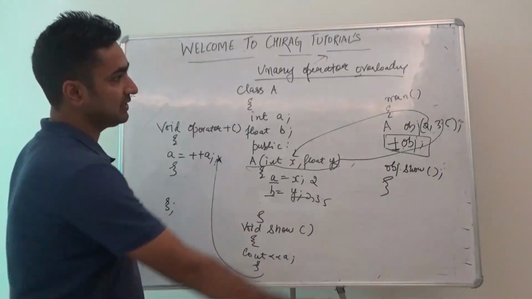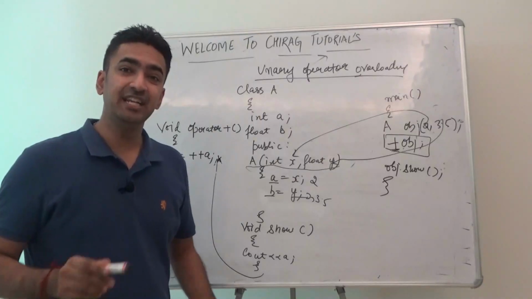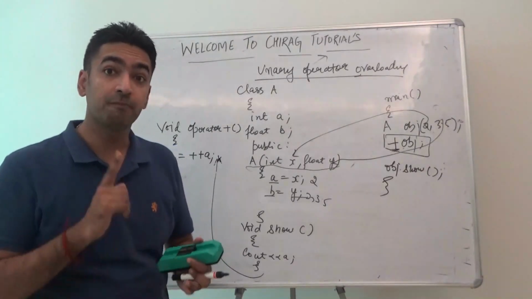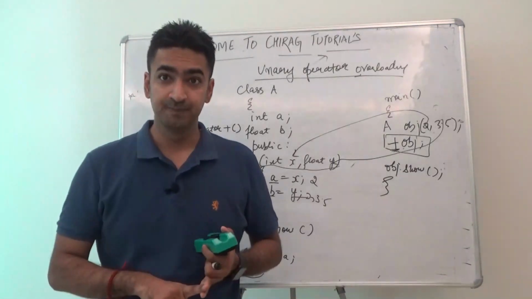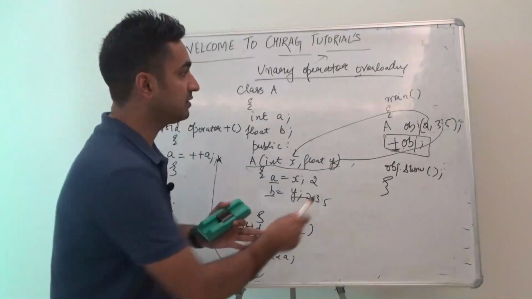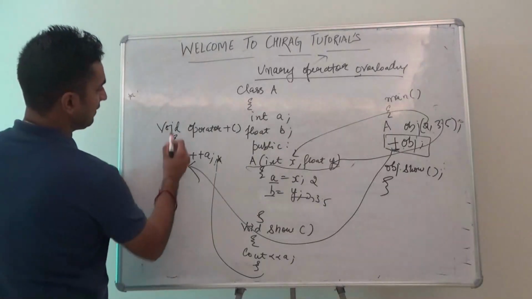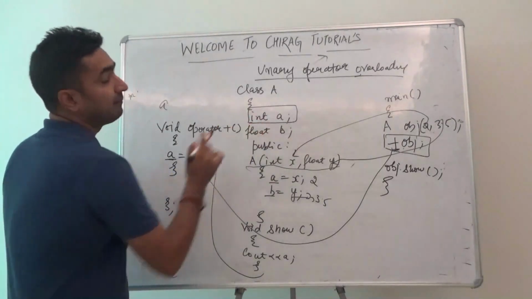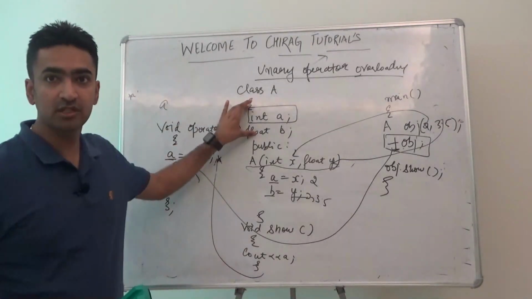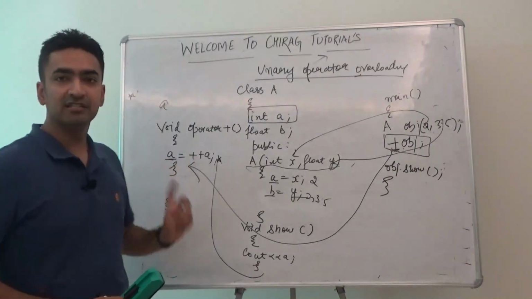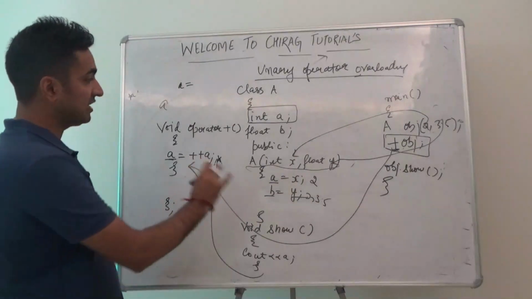Then I'm writing plus obj, guys. Plus obj means I need to call an operator function, because when objects are applied with operators, the operator function gets called. So whenever you write plus obj, this function will get called, and this a value, which is a data member, because a member function can access data members, has plus plus applied.